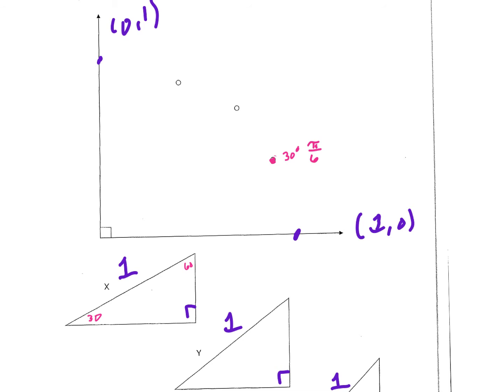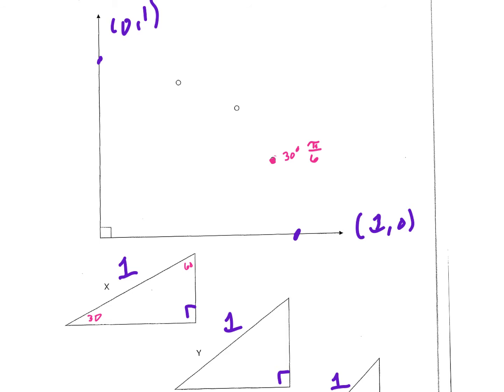Remember, pi is 180 degrees, and 180 divided by 6 gives us 30. So you've got to have those radian measures and the degree measures memorized, okay? Don't draw in the triangle, just write in that 30 degrees, write in that radian, and we're going to put the coordinates in there in just a second, okay?